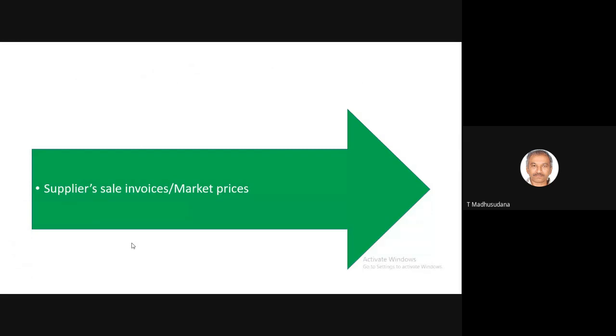There may be some value addition between the manufacturer and the supplier. Whatever price the manufacturer sold to the supplier, the supplier may not issue at the same price to the next party, because his expenses and his profit are added and the price will be increased. So also the market price of the products.